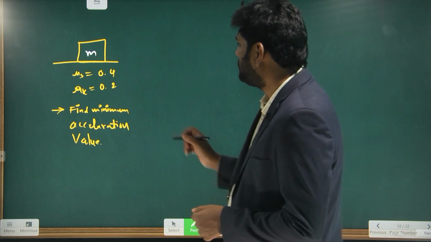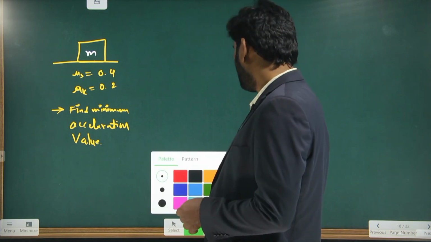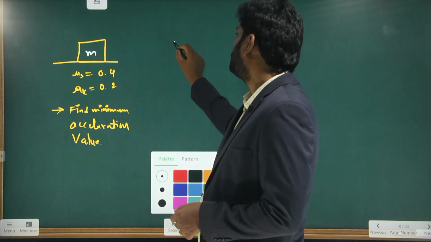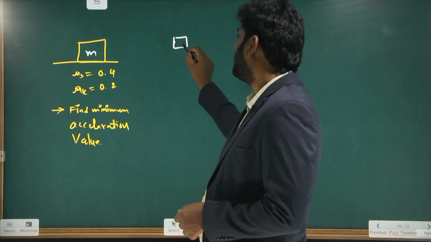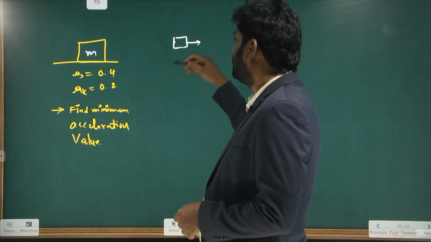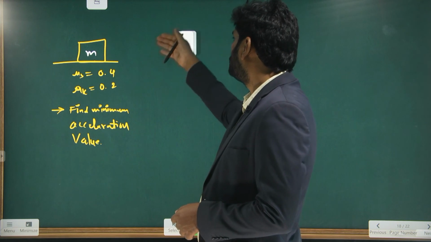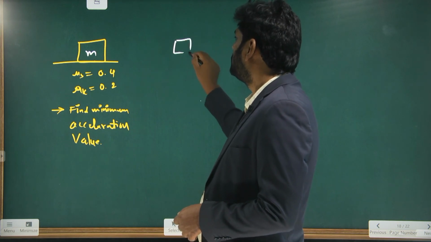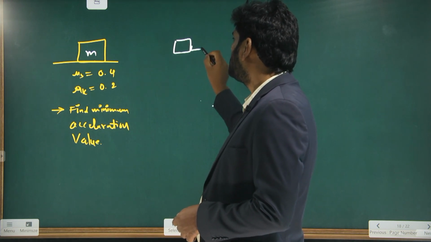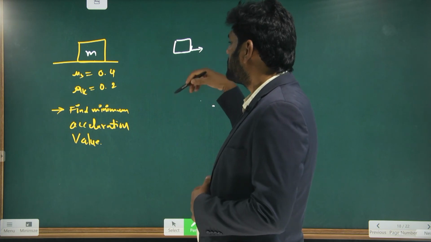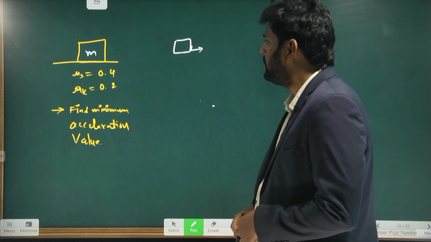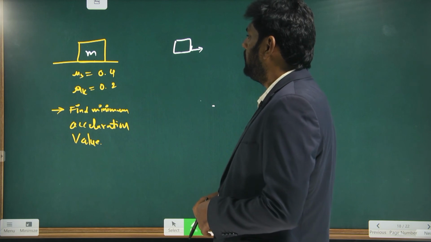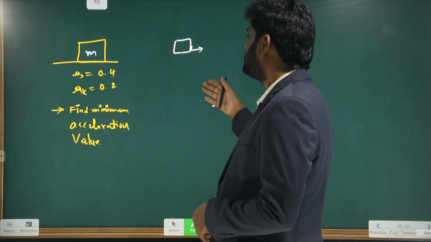To find the minimum acceleration, we need to observe the free body diagram first. Here, to move the object, how much must the applied force be?